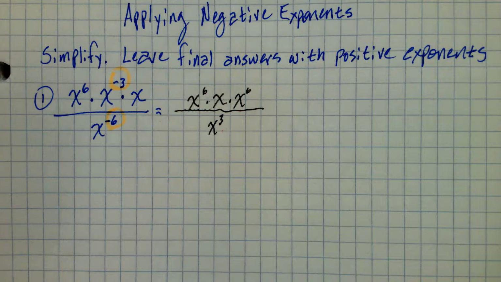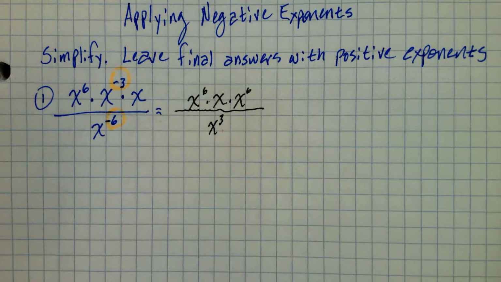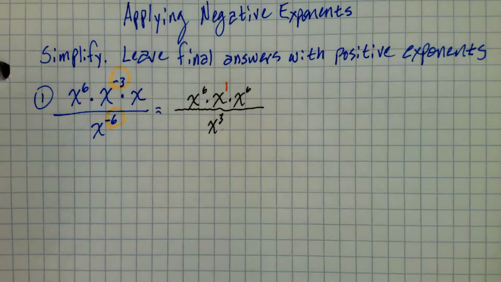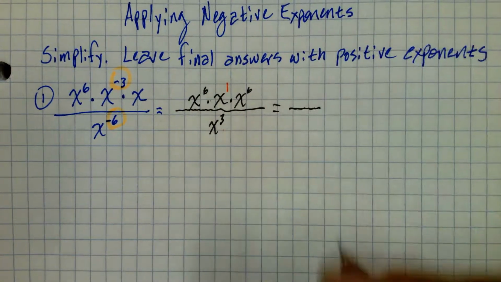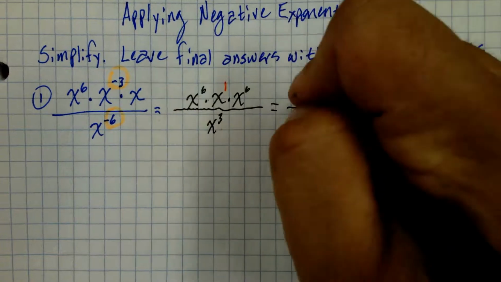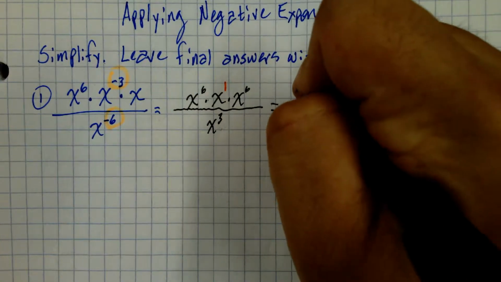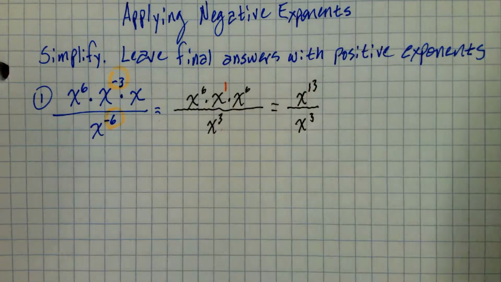We multiply the top and then we divide. Okay, so we got x times x to the 6 times x, which I'll write as x to the 1 times x to the 6. So all of that together makes x to the 13. It's 12, then the one more makes 13. Over x to the third.